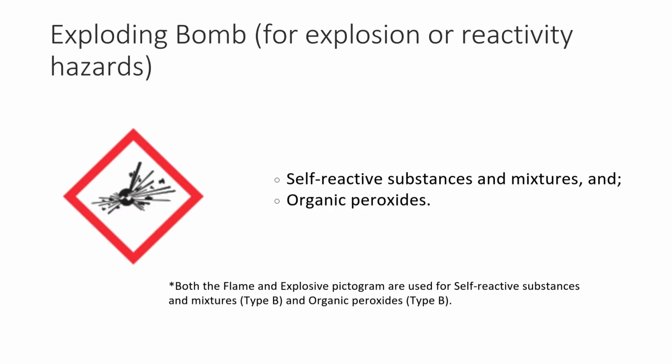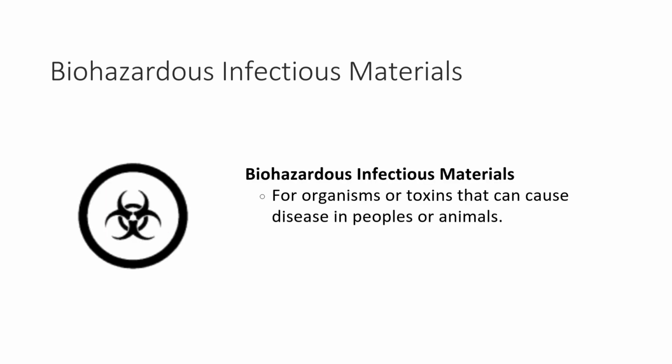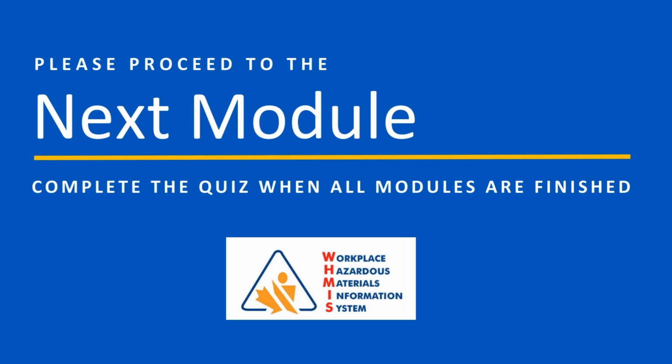The exploding bomb symbol is used to identify explosion or reactivity hazards such as self-reactive substances and mixtures and organic peroxides. And lastly, this symbol is used to identify biohazardous infectious materials which can cause disease in people or animals. That concludes Module 4. Please proceed to Module 5.